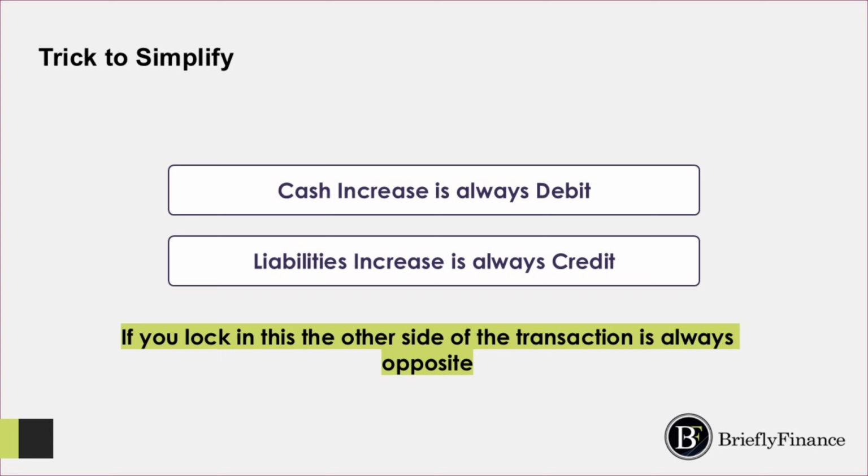Liabilities are always credit. Remember the credit card. You don't own the money, so they will always ask you for money. So when the liability increases, it's always credit. So once you do that, it will be a quick way to remember the debit and credit aspect.